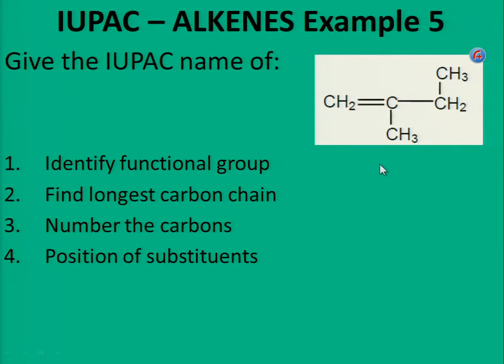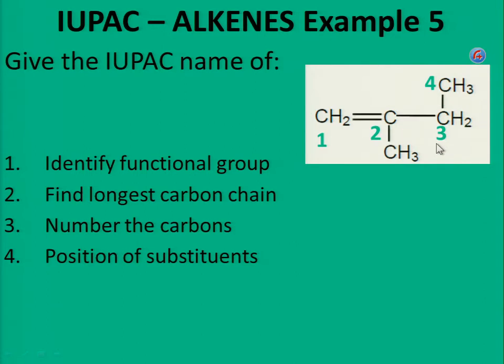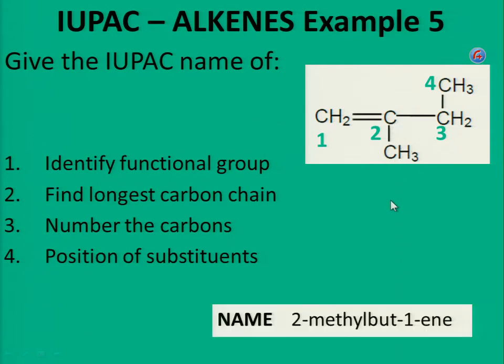And number your carbons. There's your longest carbon chain. 1, 2, 3, 4. And you have a substituent at carbon 2. So the name should be 2-methyl bute because there's 4 carbons, 1-ene because the double bond is at carbon 1.